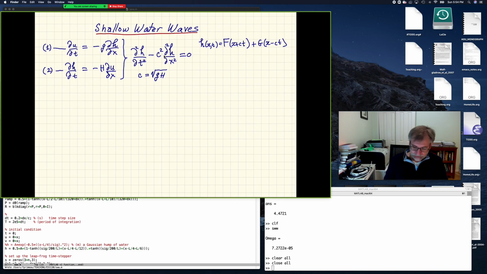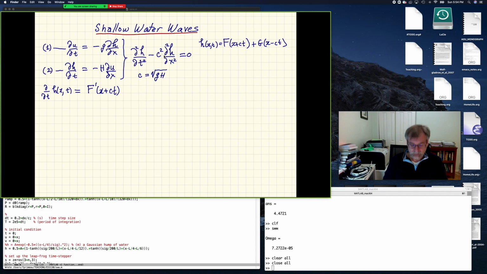If I take the solution and differentiate with respect to t, so d/dt of h of x and t, that's equal to the derivative of this with respect to t, which is going to be f prime of x plus ct, times the derivative of the inside.